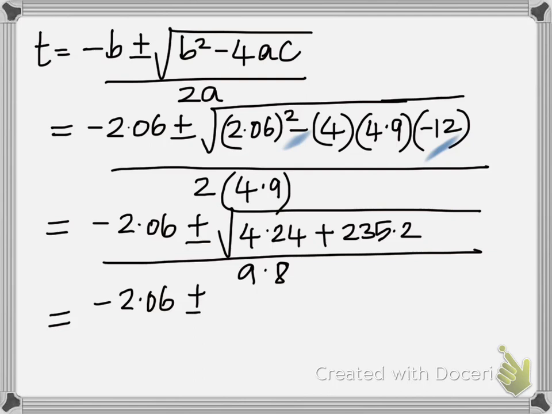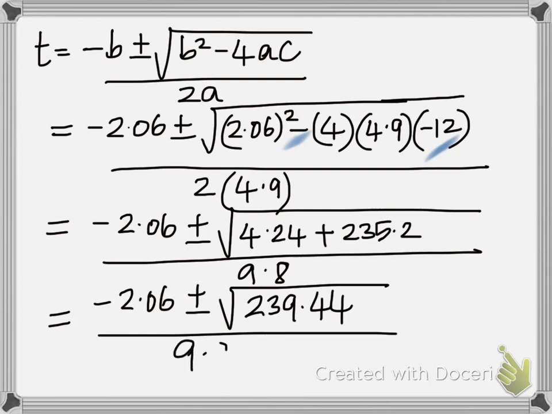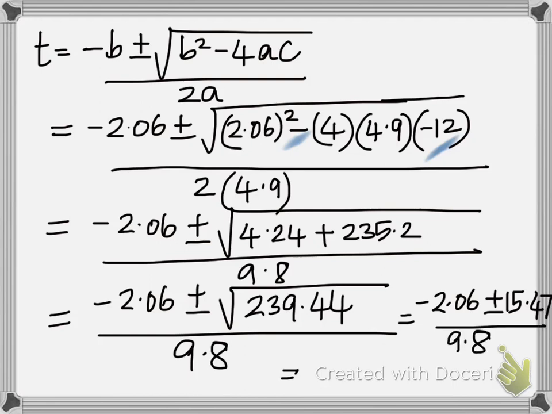And then add the number under the square root. And when you take the square root, you actually get plus or minus 15.47, but we're going to only consider positive because time cannot be negative.